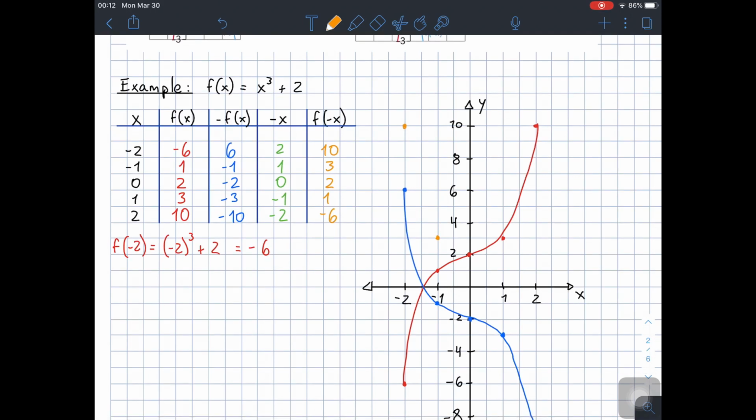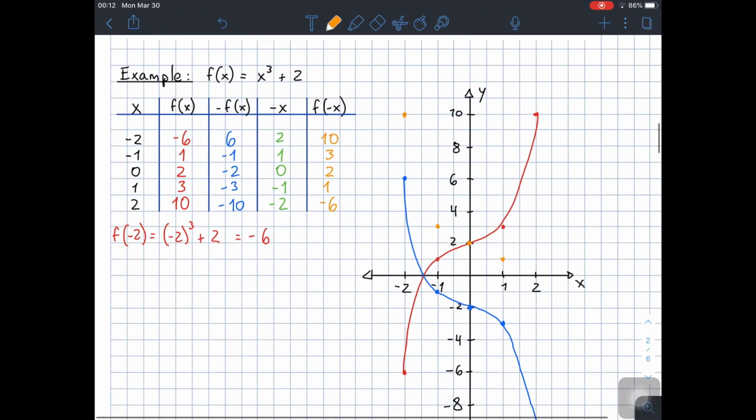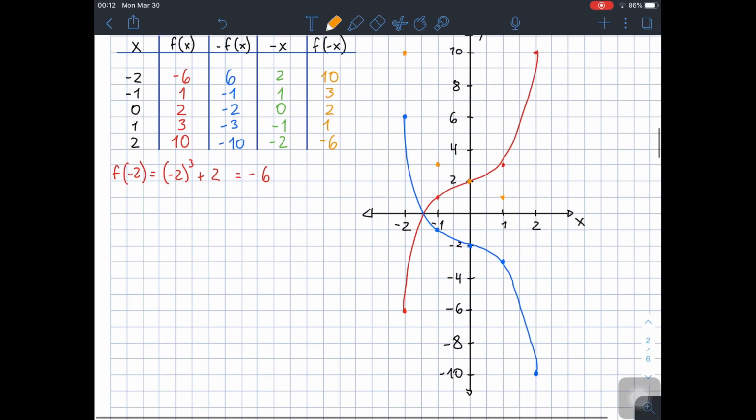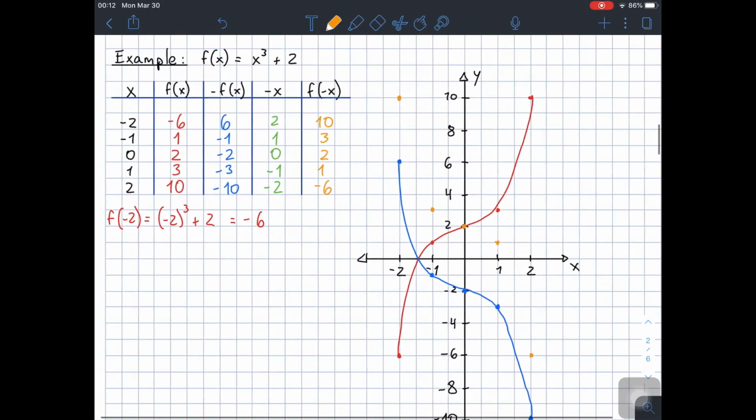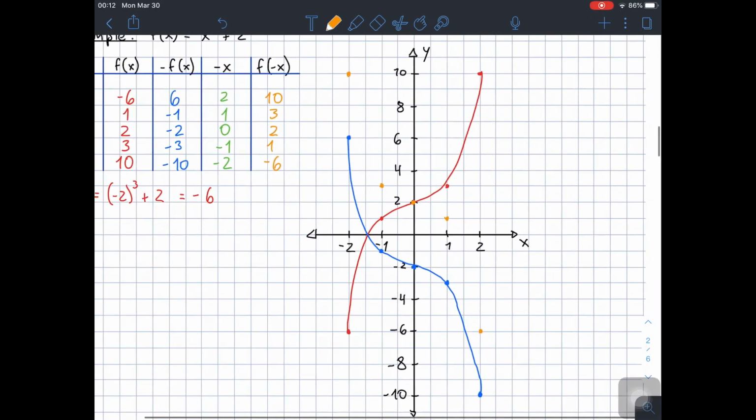Then 0 and 2 is here. 1 and 1 is here. And finally 2 and negative 6 is here. If I join these points by hand, we're gonna get a graph that looks like this.